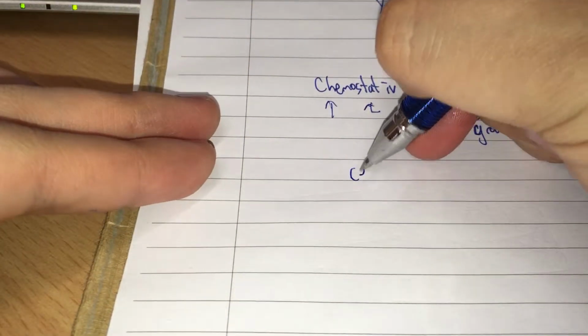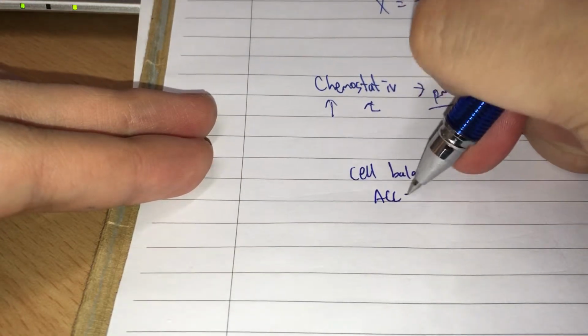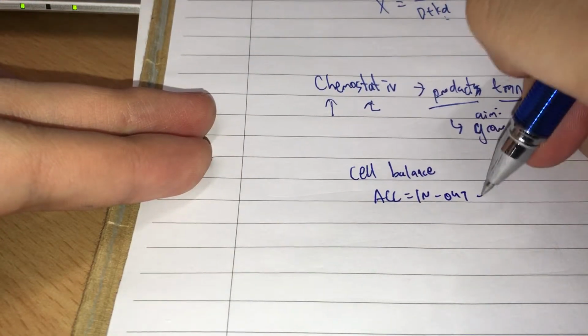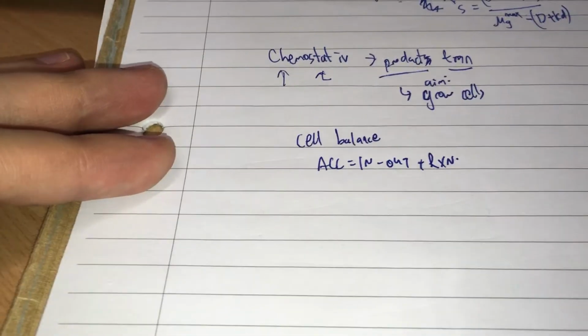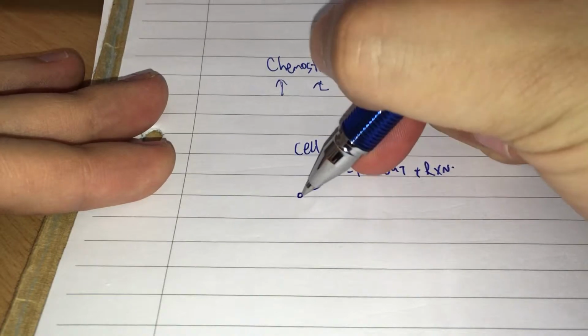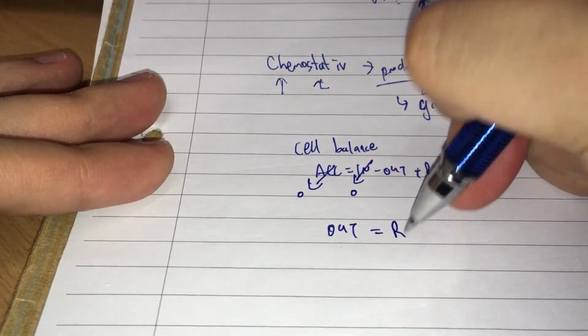So let's start again with our cell balance. Accumulation equals in minus out plus the reaction term. There's no accumulation and no cells going in, so the out term equals the reaction term.